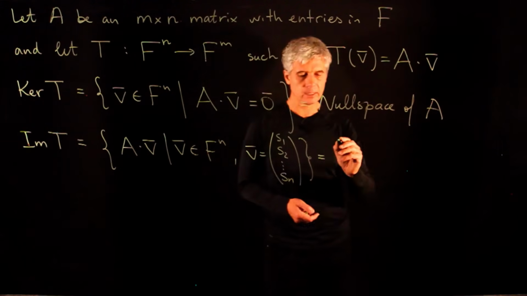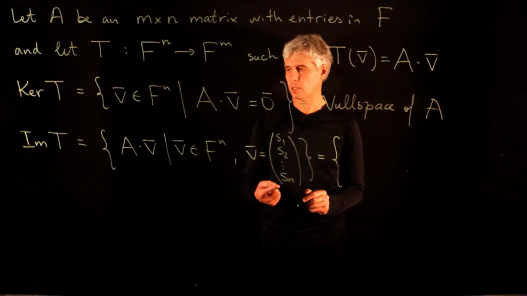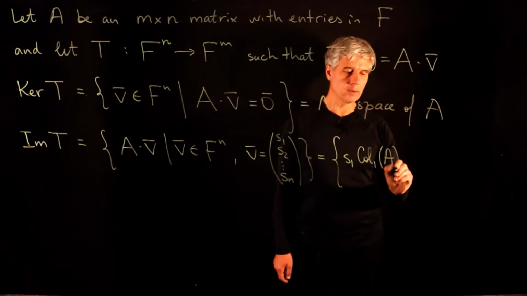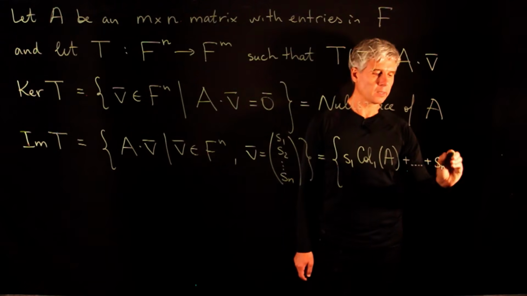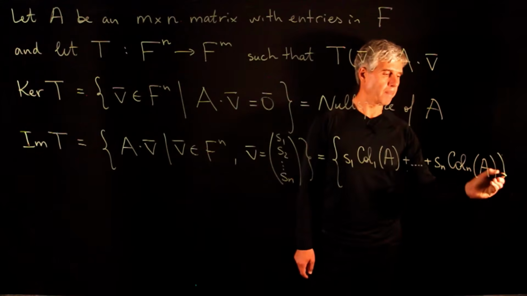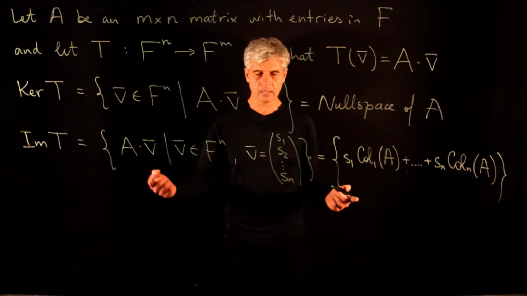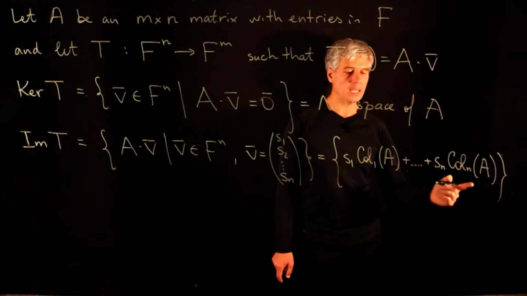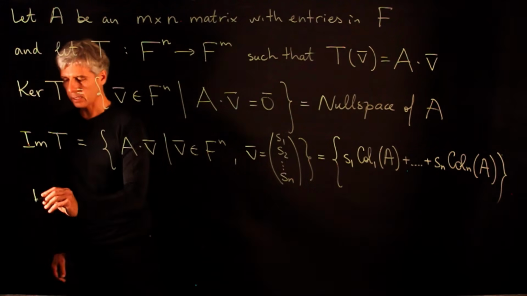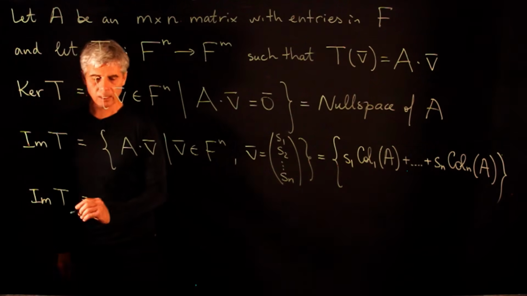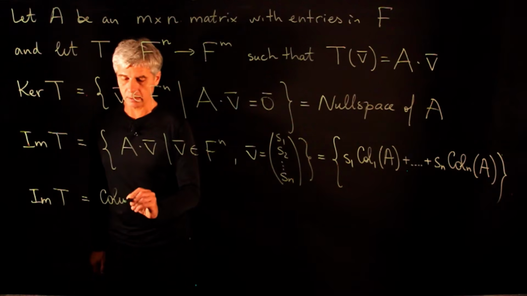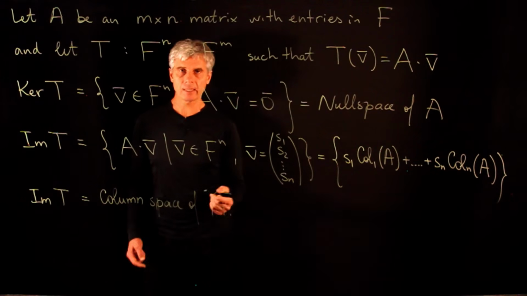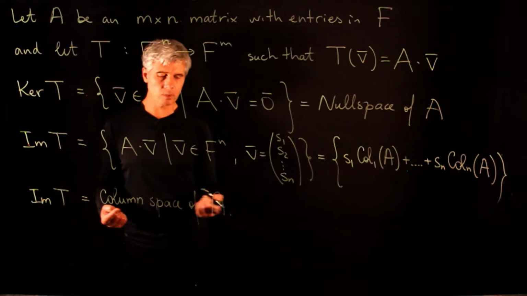So we know that if V is written in this way, then A times V can be written as S1 times column 1 of A plus dot dot dot plus Sn times column n of the matrix A. And so what we see is that the image of the transformation is the set of all possible linear combinations of the columns of A. What this tells us is that the image of T is equal to the column space of matrix A. And again, we have a procedure to determine the column space of a matrix.